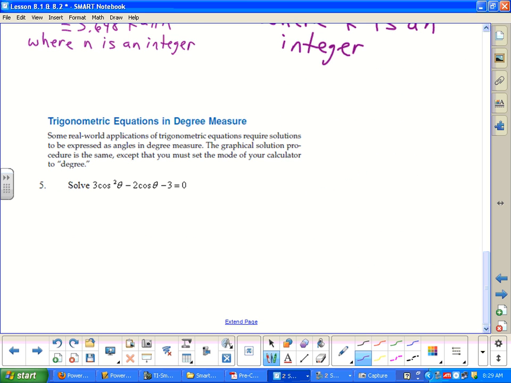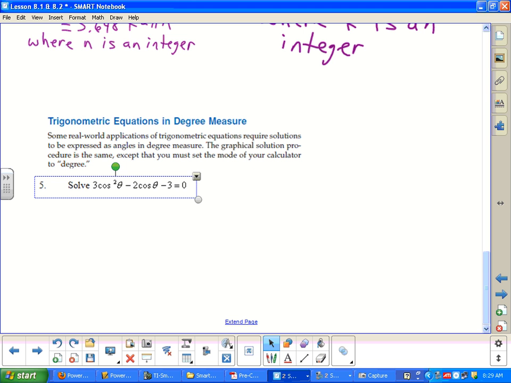Okay. Number 5 says some real-world applications of trigonometric equations require solutions to be expressed as angles in degree measure. The graphical solution procedure is the same, except you must set the mode of your calculator to degree. So we're going to type it in just like we have the other ones, but we're going to change our mode to degrees.